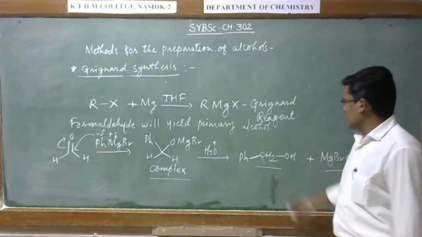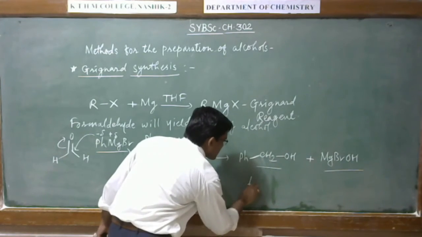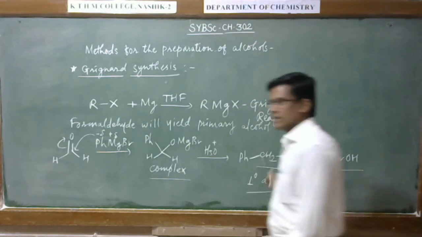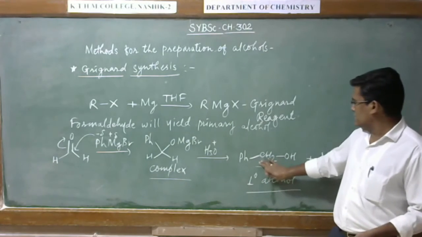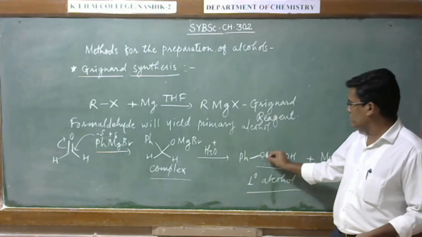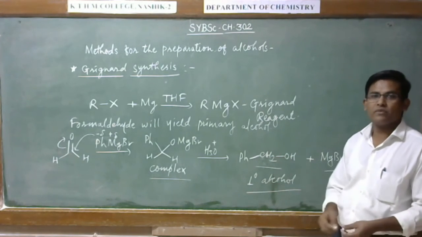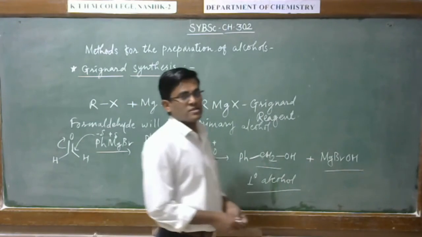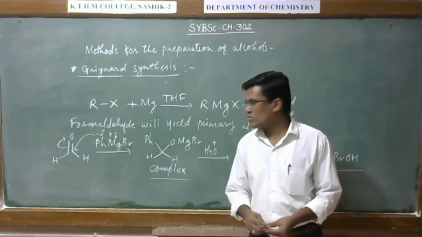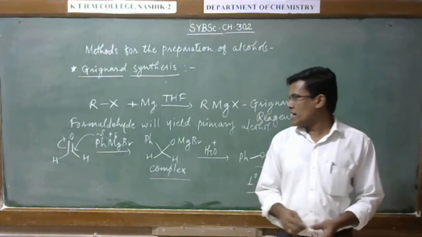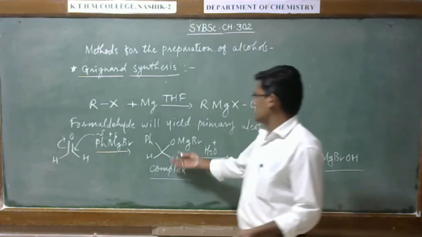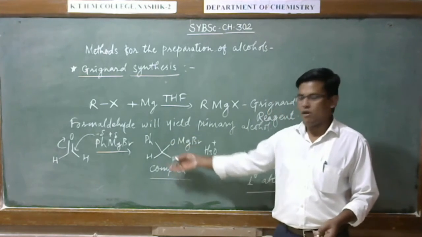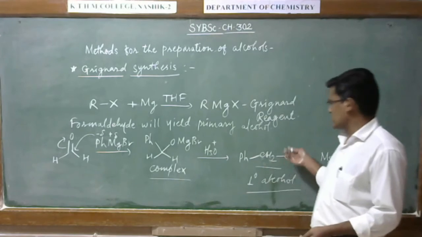So this is the primary alcohol, since this hydroxyl group is attached to a primary carbon. So when you react phenyl magnesium bromide with formaldehyde, in the first step this complex will form, followed by the hydrolysis, it gives the primary alcohol.